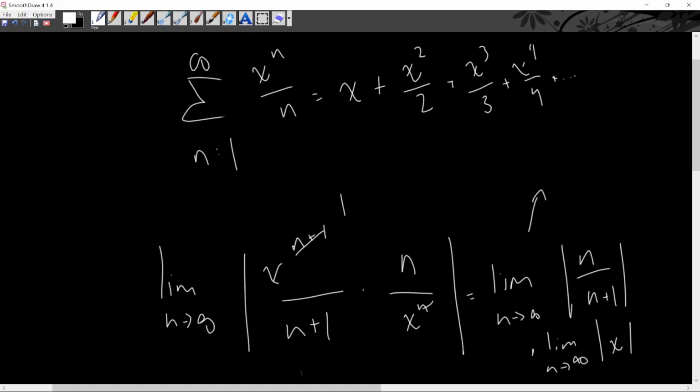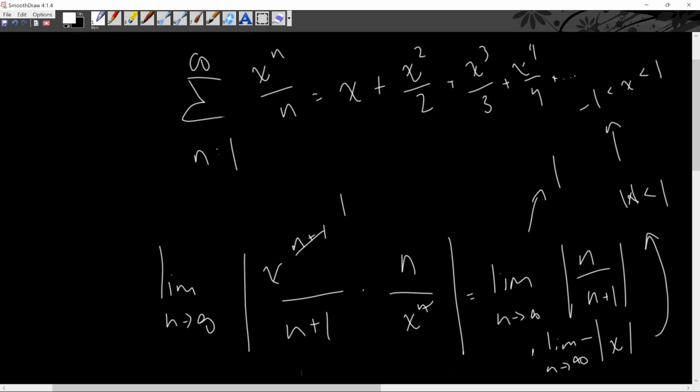This is L'Hopital's, but even if you just look at it, these have the same degree, so if you take a fraction between two things that have the same degree, you will just get 1. And the limit as n approaches infinity of the absolute value of x will also be the absolute value of x. So now we have the absolute value of x is less than 1, and this again goes to -1 less than x less than 1.